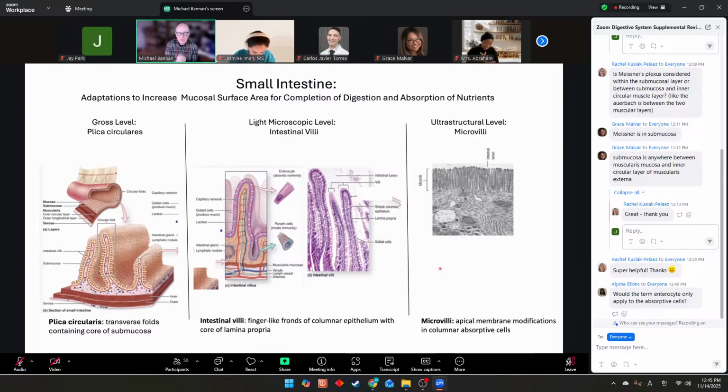The first level is the gross level. That's shown at the left side, and this is where plica circularis is a modification that increases our mucosal surface area. Plica circularis refers to the transverse circumferential folds of the mucosa and the submucosa lining the small intestine. So if we cut a section through one of these plicae, this is the way the entire small intestine looks.